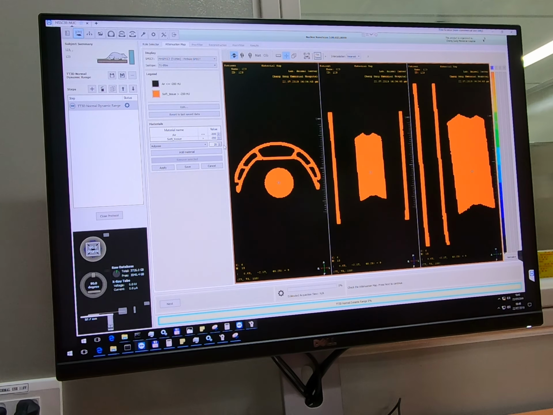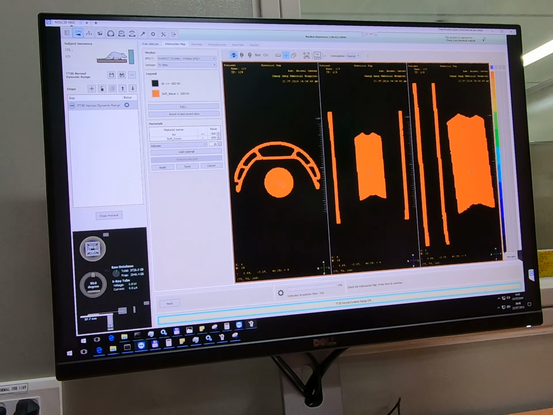I mean, if there is a really highly attenuating object, for example, one of our labs uses an ultrasound machine during the scan, which is a kind of metal material with really high attenuating properties, it results in distortion on the image if you don't tell the system that it is a separate material with a really high Hounsfield unit.